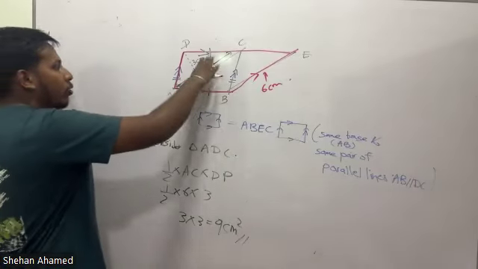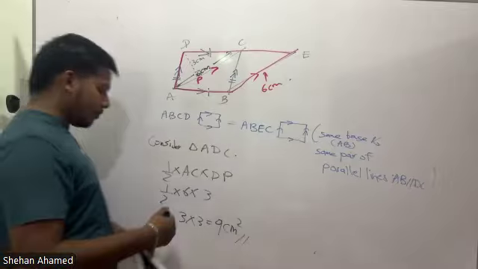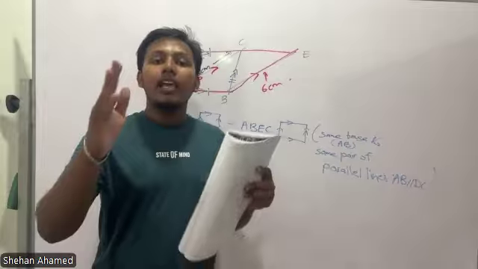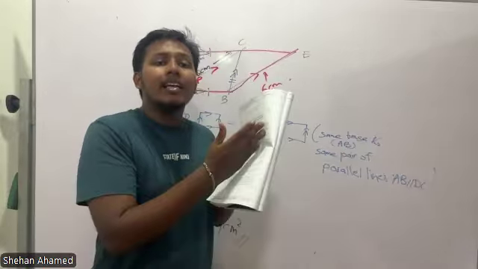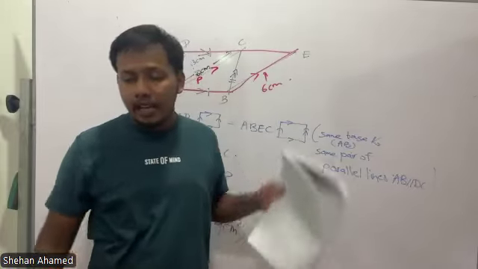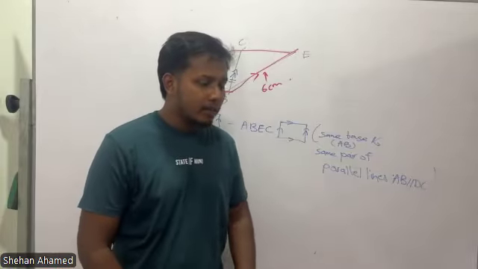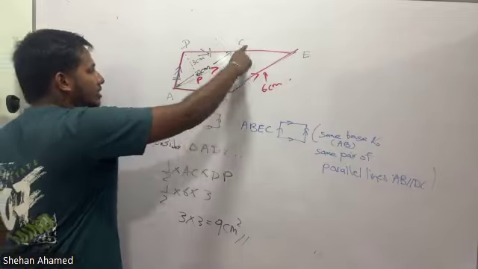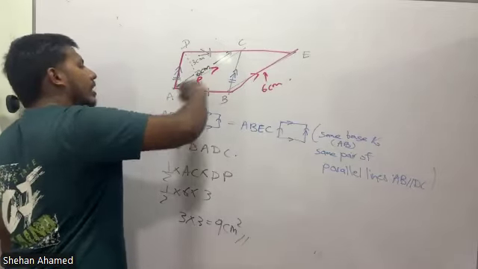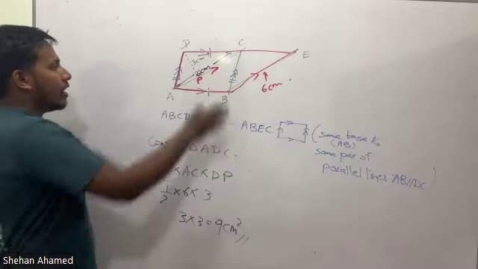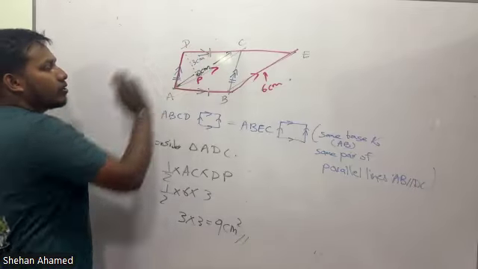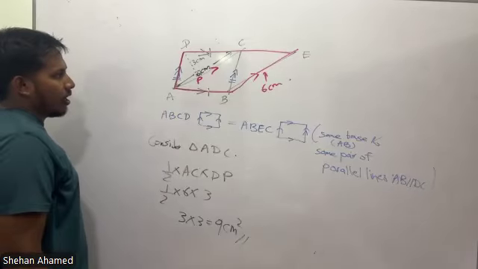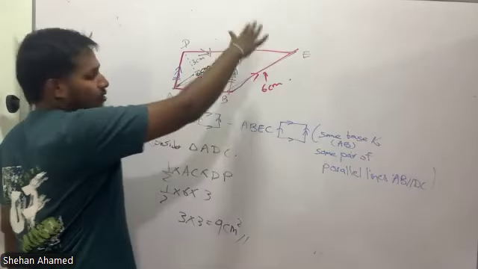Now, another theorem that you have to remember in a parallelogram, students: the area of a parallelogram is bisected by the diagonal. Now this is the parallelogram, and AC is the diagonal. If this is 9, this is also 9.